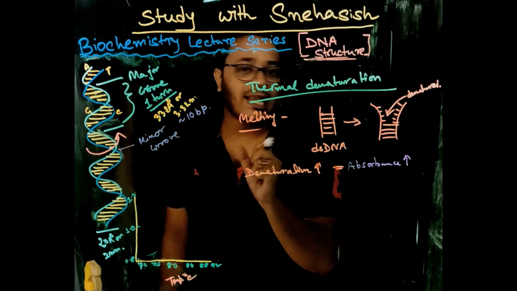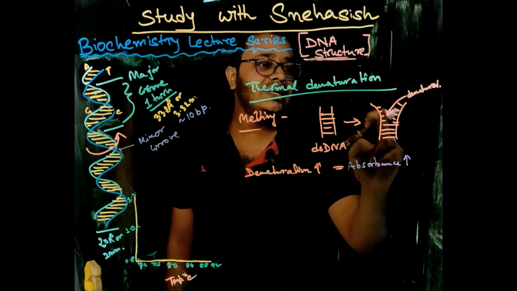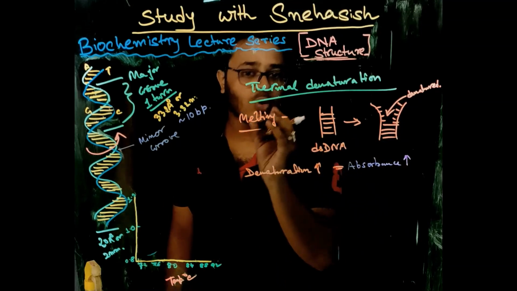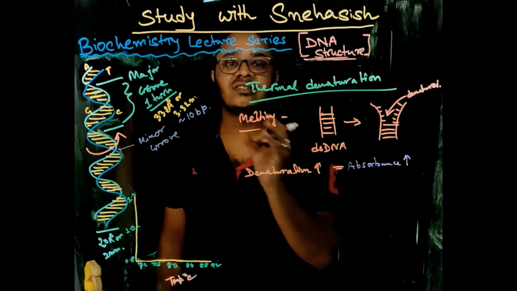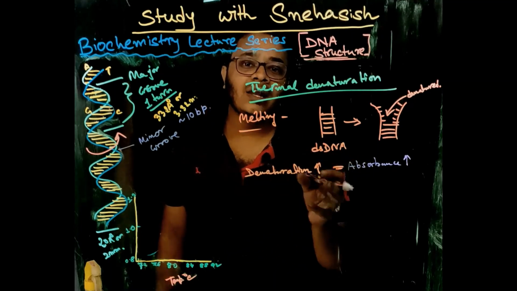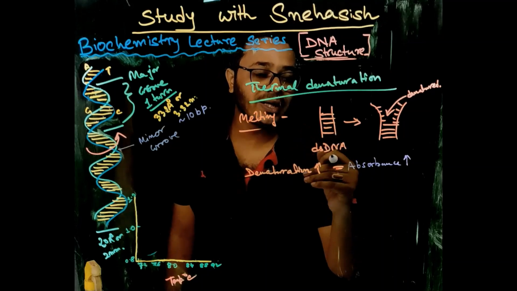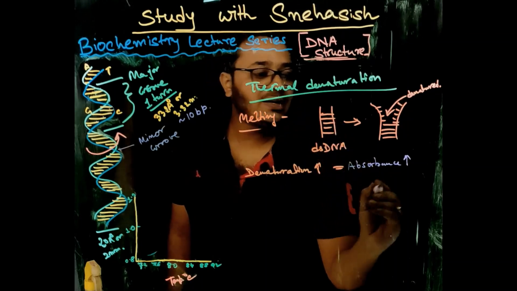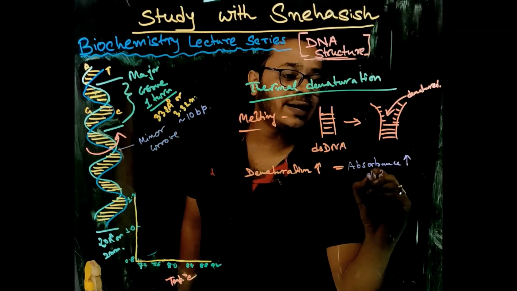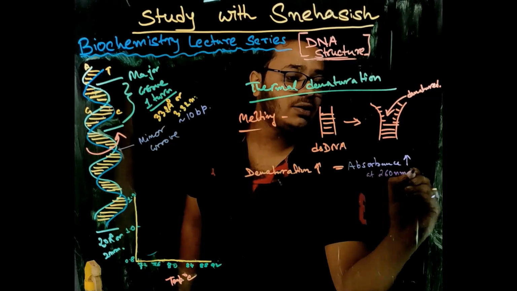As a result, they cannot absorb the UV light. When the DNA denatures, the aromatic bases can now interact with the UV light and absorb. As they absorb more and more UV light, the absorbance also increases. This absorbance is at 260 nanometer UV.